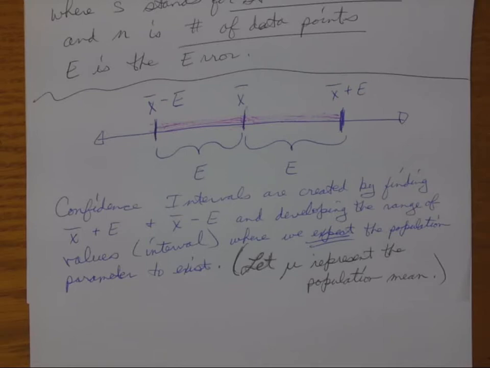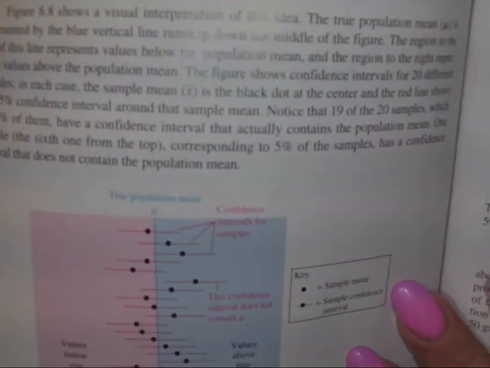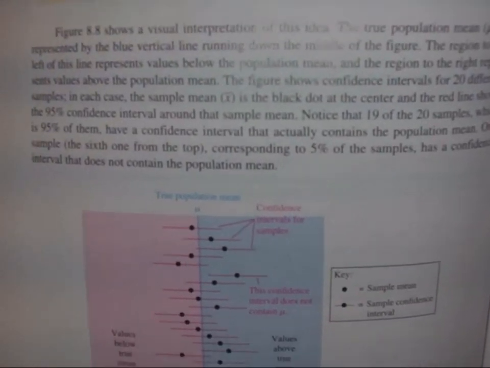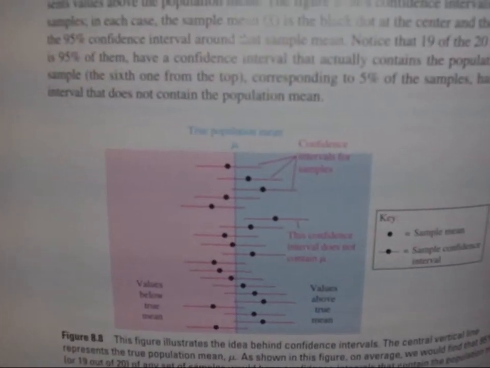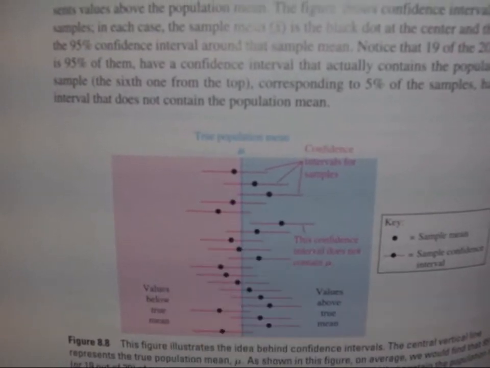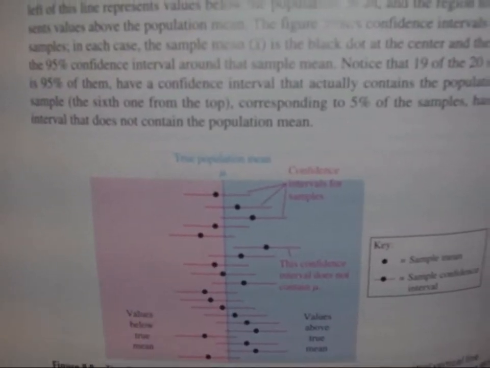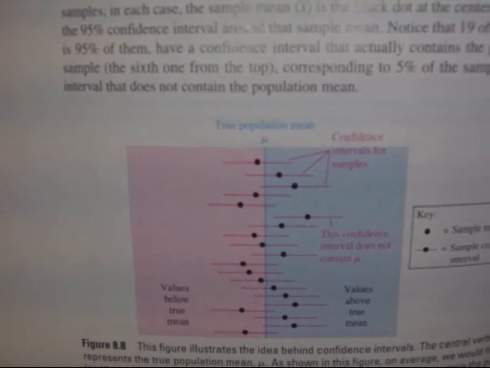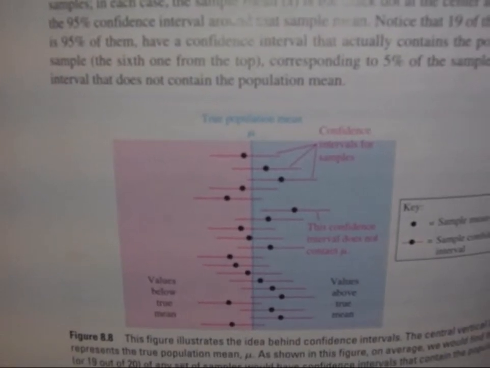So I'm going to show you a picture, just so that you can get a feel for what's going on. If I replicate my experiment over and over and over again, this picture, and it's way better than the one I could draw, represents what it might look like.